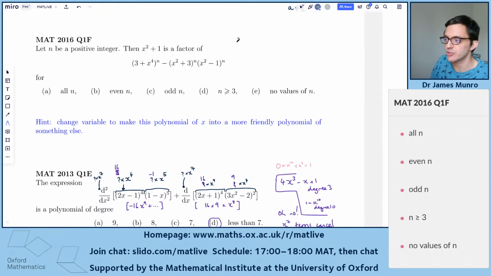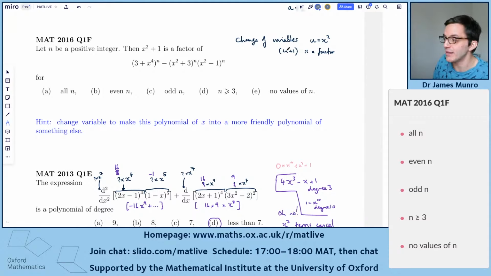We can do a sort of change of variables to something like u equals x squared. If we do that, then we're talking about whether u plus 1 is a factor, which is something much more familiar. I mean, okay, it uses the letter u, but bear with me.